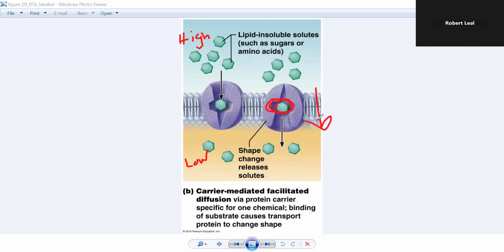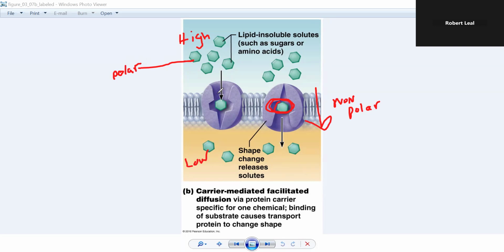Remember, if something's easily going to penetrate the cell membrane, it has to be lipid-like, non-polar, just like the tails of the phospholipids. So we look at the substance, it's saying it's lipid non-soluble, which means that substance is polar. There's a charge to it. So that means it cannot easily penetrate the cell membrane.